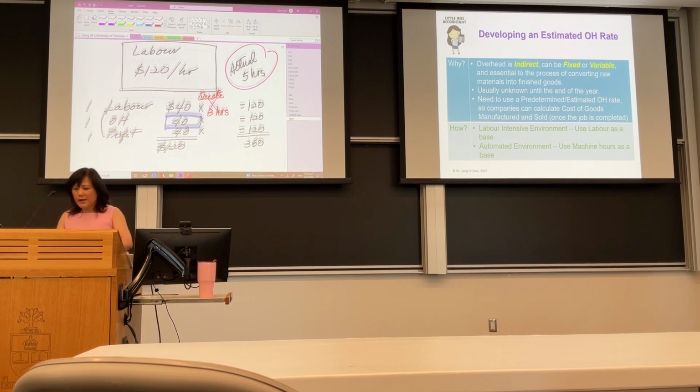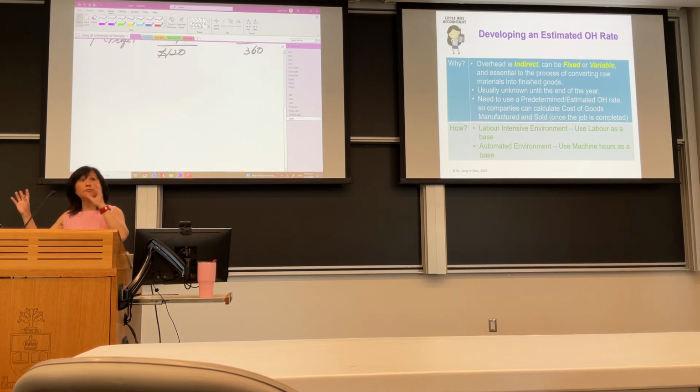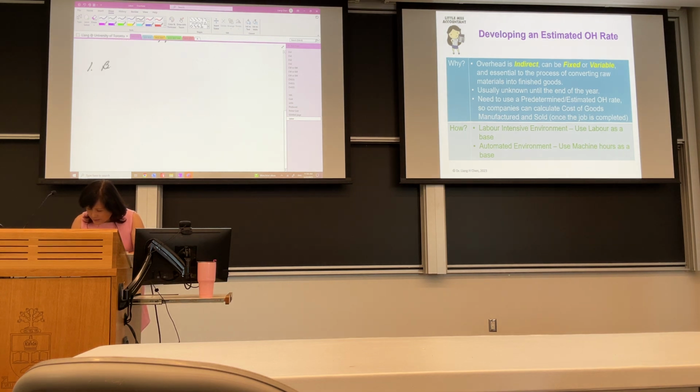So I'm going to try to link what you have learned up to this point to this lecture. Okay, so in the beginning, there are 3 stages. The first stage is the beginning of the year. I need to figure out how much overhead cost is going to be. I don't know.